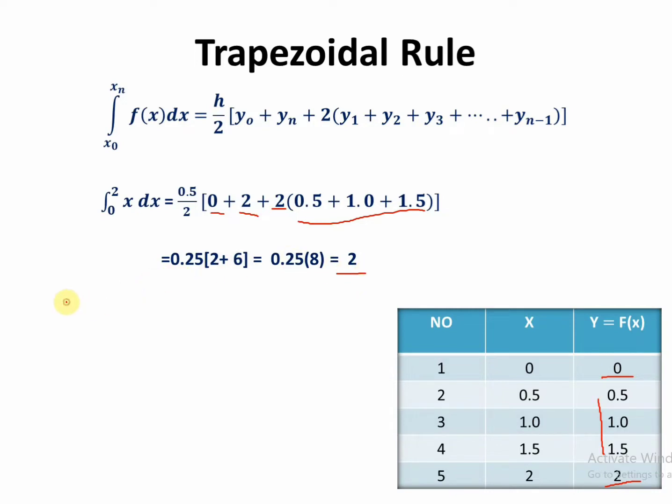Also, if we integrate x dx from 0 to 2, we know the integration of x is x square by 2, and putting in the limits 2 and 0, you will find the same value as you get here. So this is one type of check.